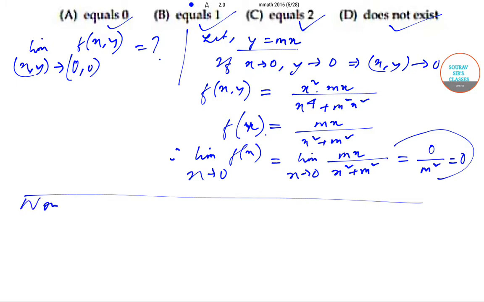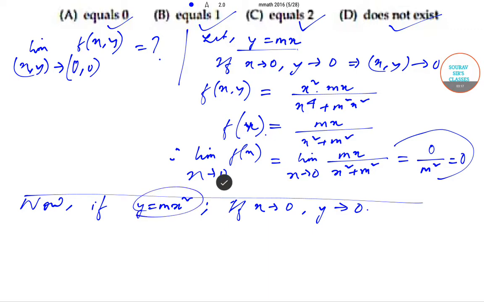Now if we take another assumption that y is equal to m times x squared, in this case also if x tends to 0, then y also tends to 0, as you can see over here. So f(x,y) in this case can be written as x squared and y will be equal to m x squared divided by x to the power 4 plus y squared will be given by m squared x to the power 4.